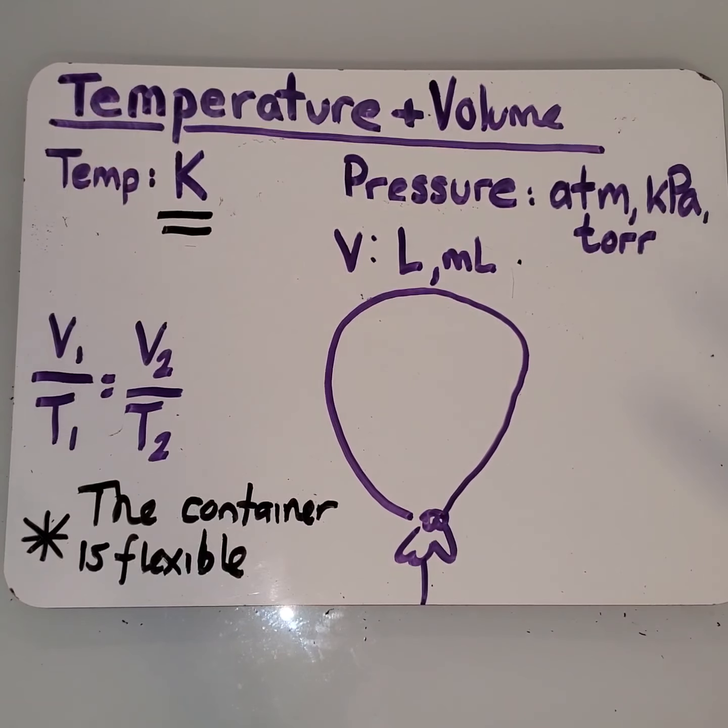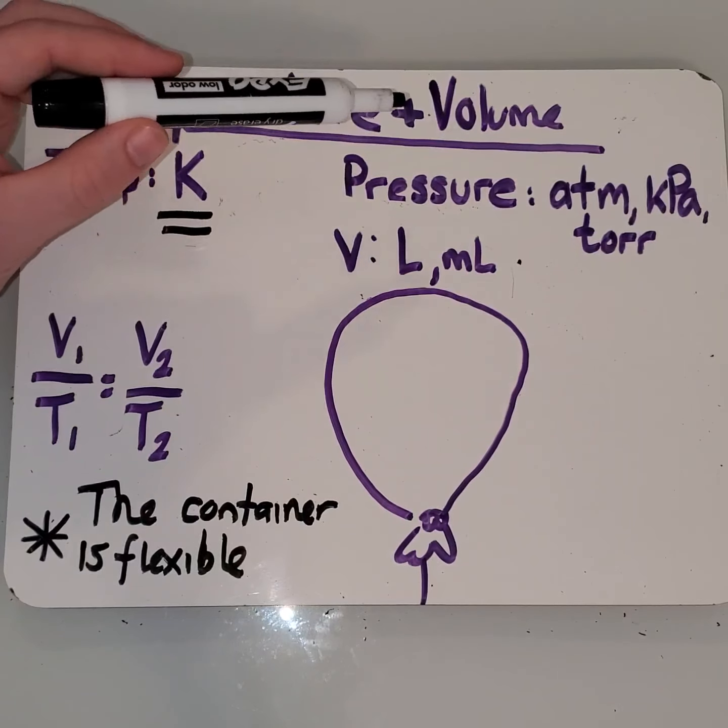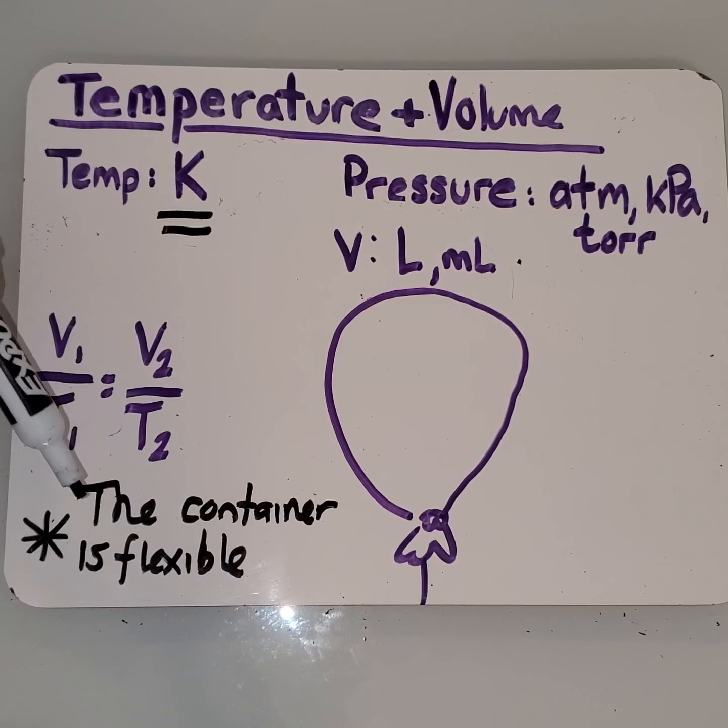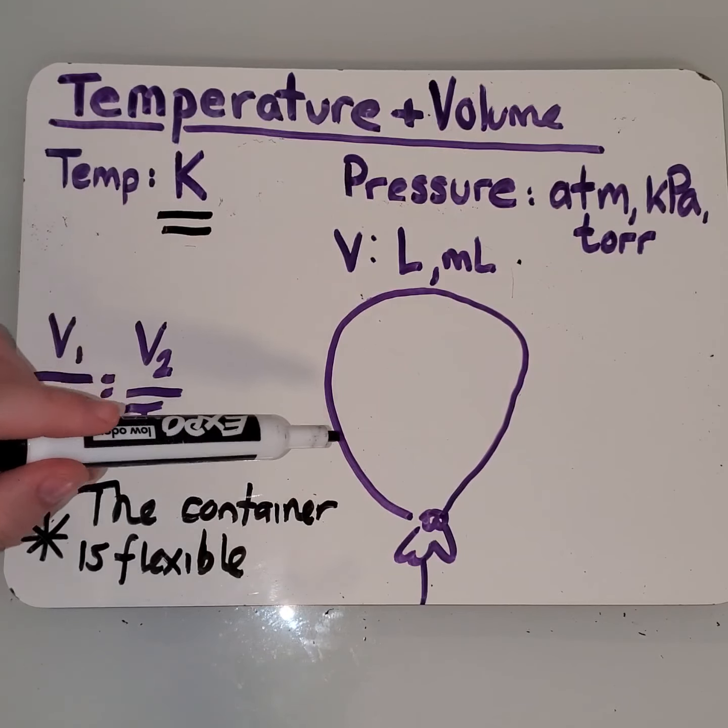If the container is not flexible, then it's never going to change in size. Doesn't matter. It will break before it changes in size. So anytime we're talking about a relationship between temperature and volume, we're going to assume that the container is flexible. So you can think of a balloon.